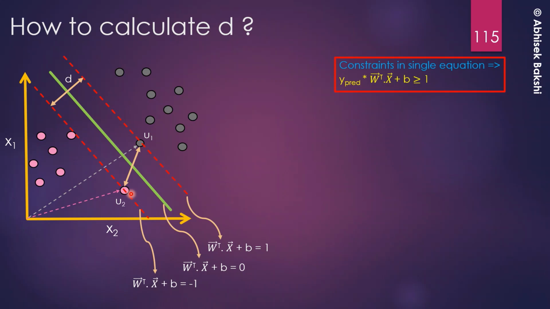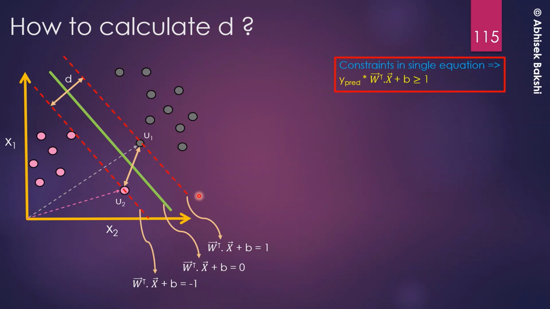One thing we can do here, since this u1 is on this red dotted line, I can find the equation of u1 just simply by projecting this u1 on w again. What is w? W is the perpendicular vector of this particular red dotted straight line.